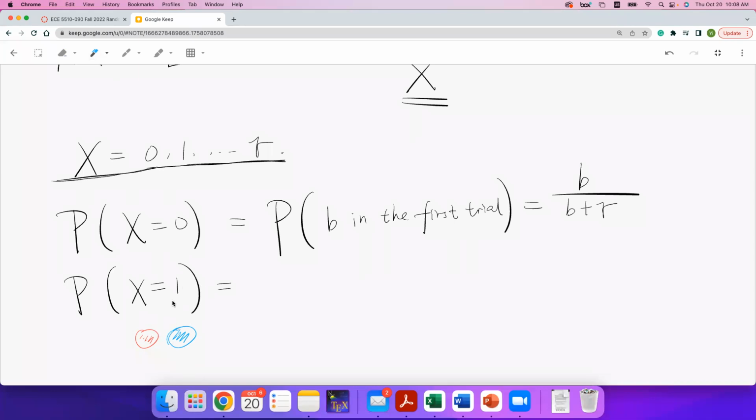So this corresponds to the probability of a red in the first trial followed by a blue in the second selection. I don't know if this notation makes sense.